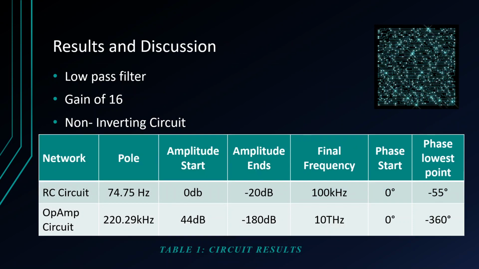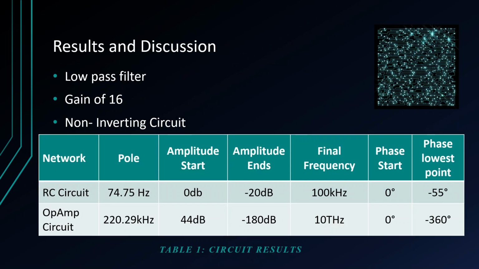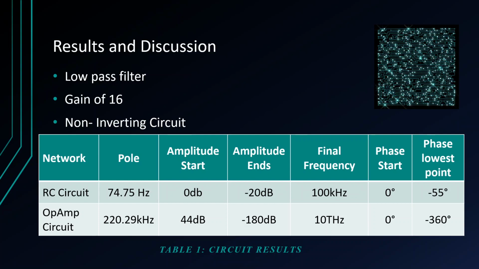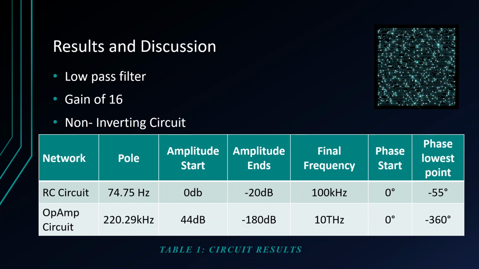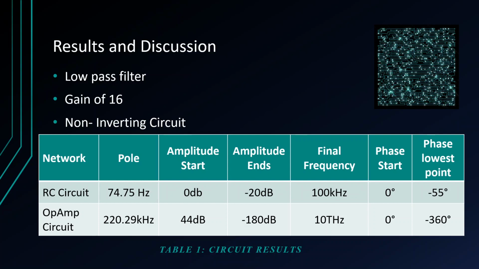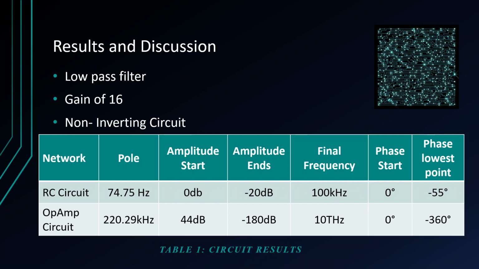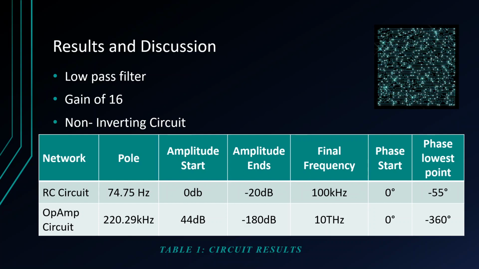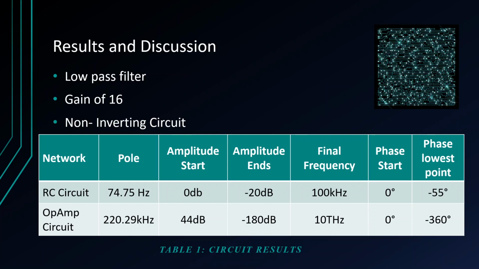Here, we can see that we got a low pass filter with a gain of 16, and it's a non-inverting circuit because the input was on the positive side of the amplifier with no resistors added into that node.